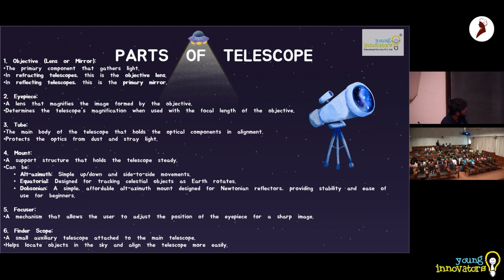The next is the tube. You saw in the image that there is a huge tube. That is known as the optical telescope assembly, or OTA, in the case of optical telescopes. The mount is where you keep the optical telescope assembly, and there are very different types of mounts.